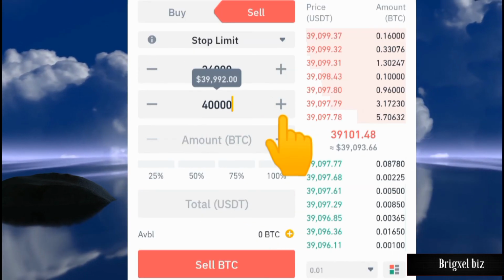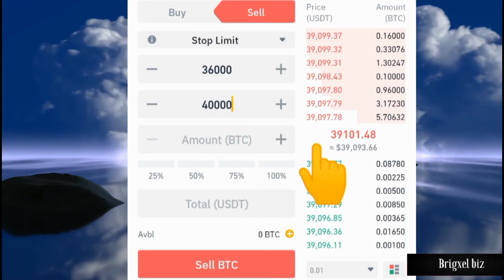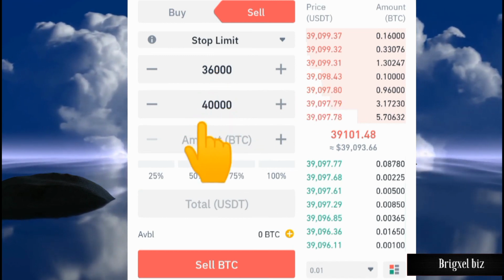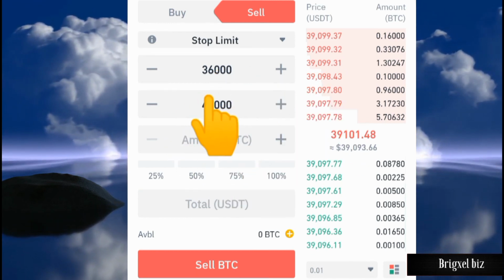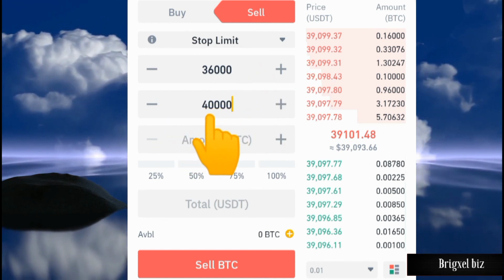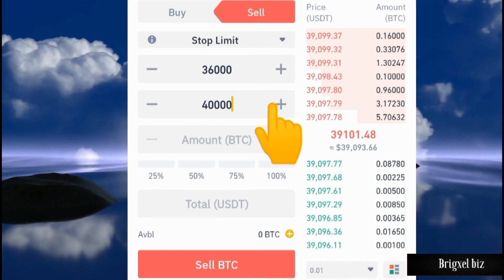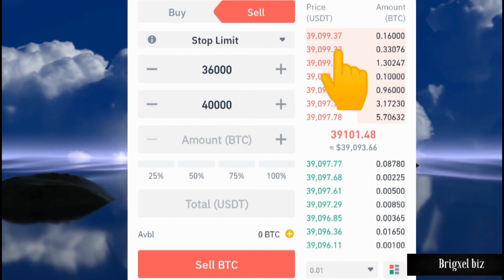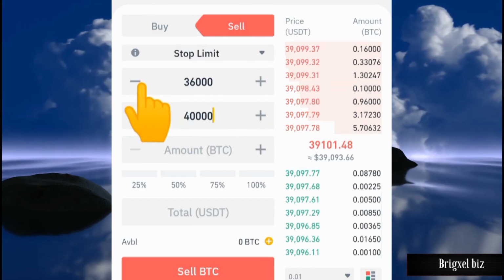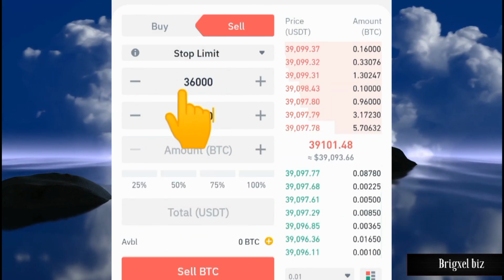So you're saying, hello, I want to sell my Bitcoin, which I bought at $37,500, for $40,000 per one, right? But if after filling this order the price, instead of going up, starts dropping, you're willing to sell your Bitcoin if it drops to $36,000. You're telling the system to sell.